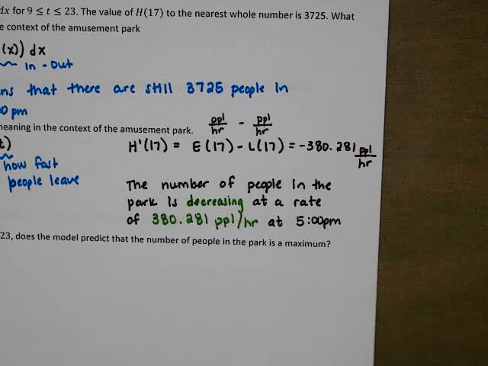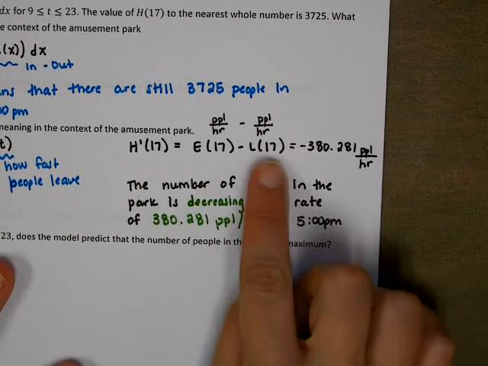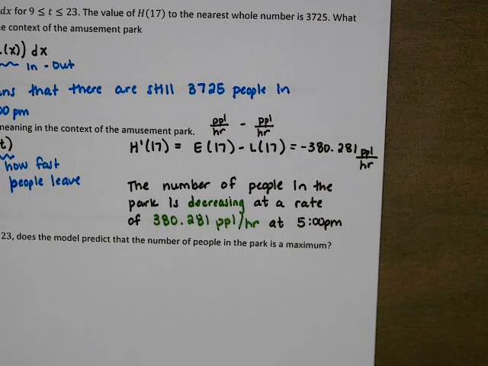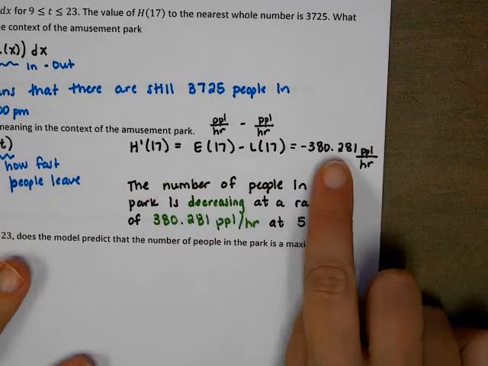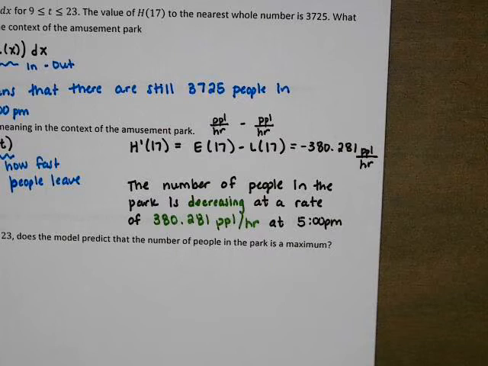And the reason the number of people is decreasing is because these are the rates at which people are coming in and leaving. So decreasing means I ended up with a negative rate.